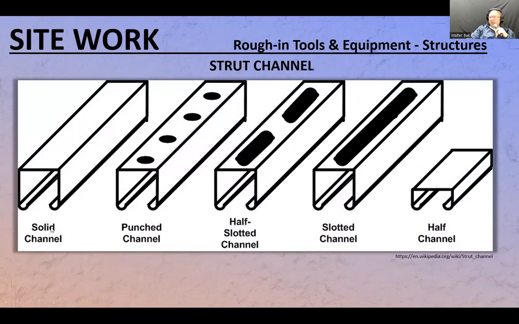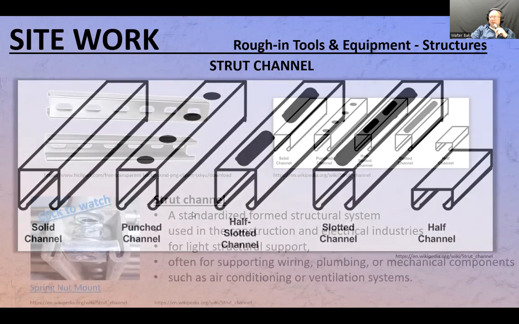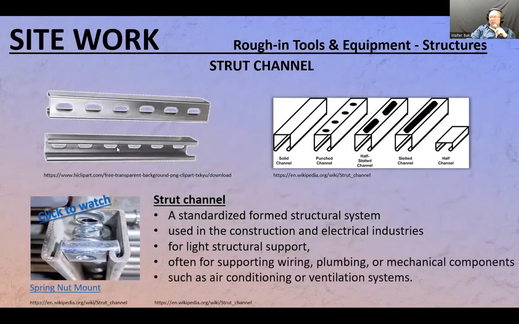Those strut channels come in different shapes. The most common ones will be the half-slotted ones. Although sometimes you can get those punched channel, but this will be the most common one. Here's a half slotted one.